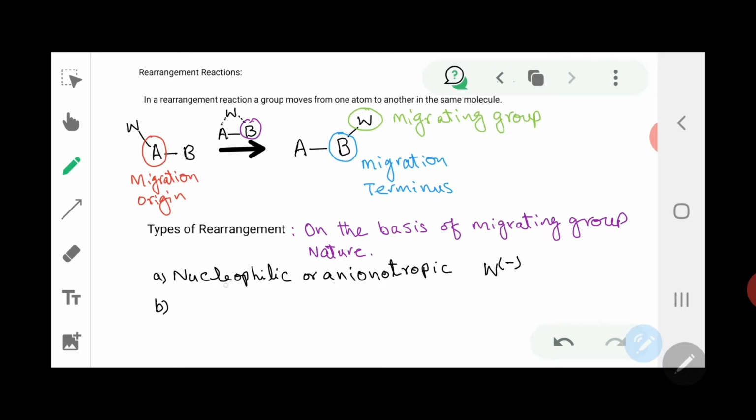While the second case is electrophilic or cationotropic rearrangement, in which the migrating group contains positive charge.